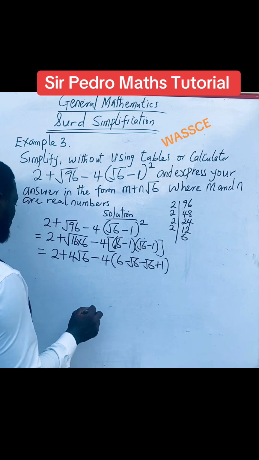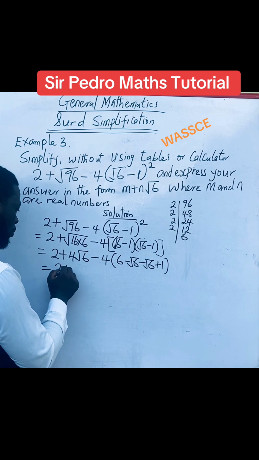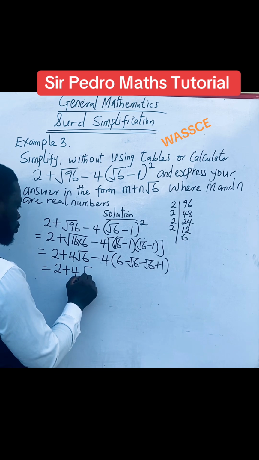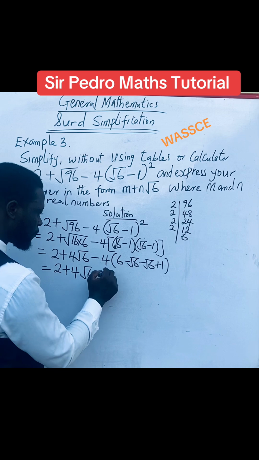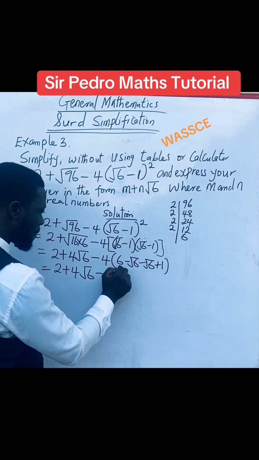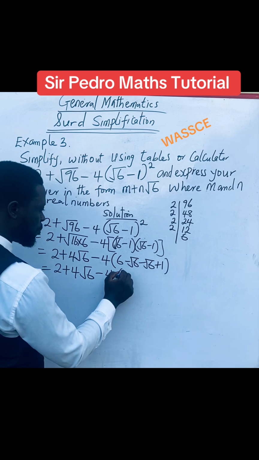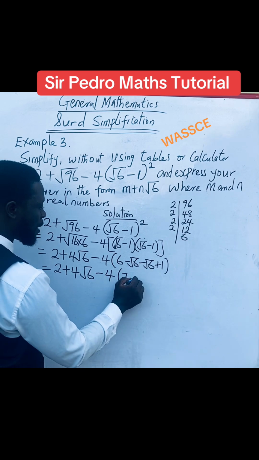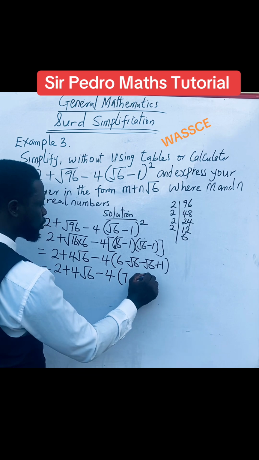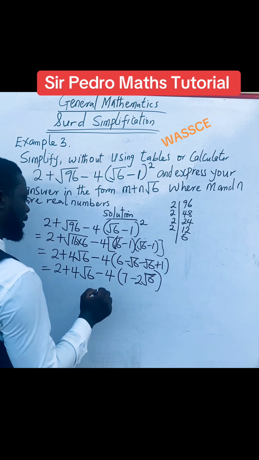All right. So we progress. So we have 2 plus 4√6 minus 4 (6 plus 1, let me put that first, 7) minus √6 minus √6 will give us minus 2√6, close the bracket.